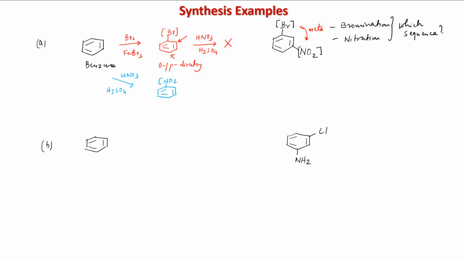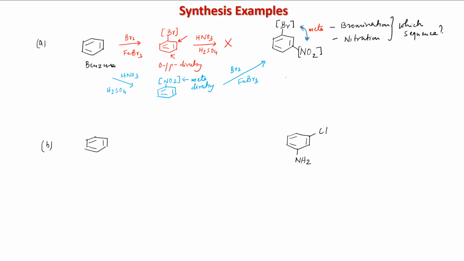And now our substituent is a nitro group, which is meta directing. So if we do a bromination on this nitrobenzene molecule using Br2 and FeBr3, it is going to give us the desired product where the bromine and the nitro are meta to each other.